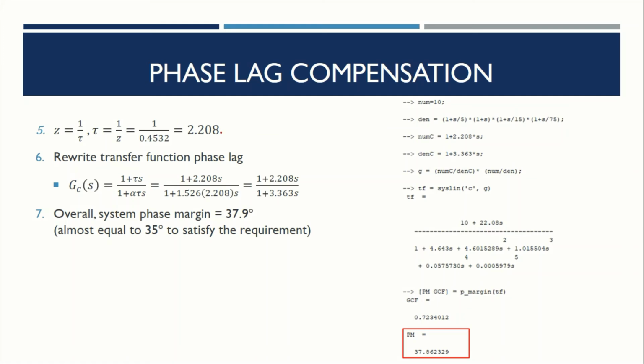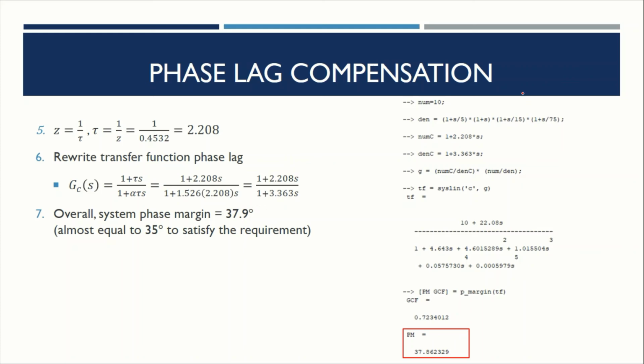Then you get the value 2.208. Once you get tau and alpha, you can rewrite the phase lag transfer function using the equation 1 plus tau s over 1 plus alpha tau s. And this is the equation.